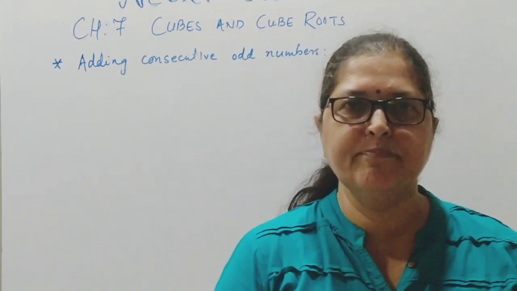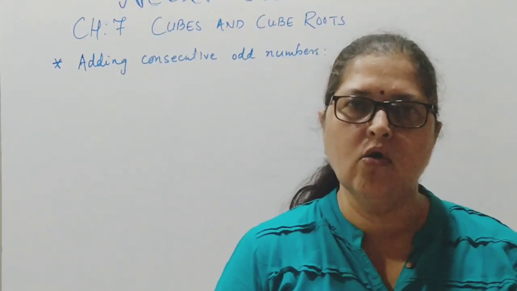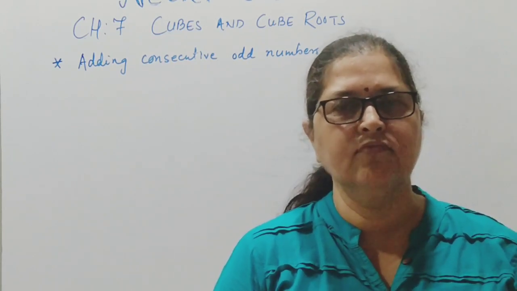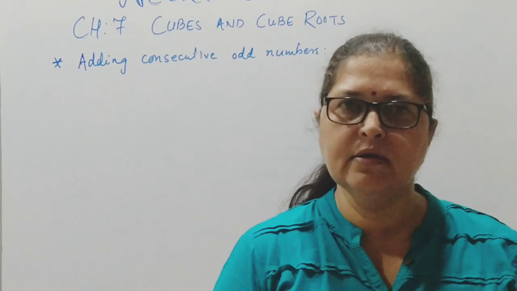Next, a very interesting pattern or property of odd numbers. If we add consecutive odd numbers, we get perfect cube numbers.